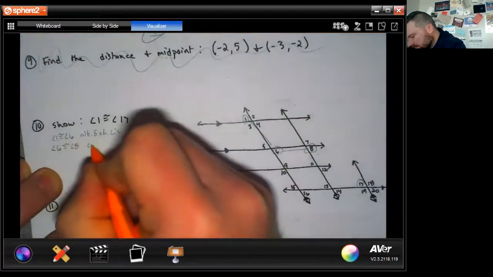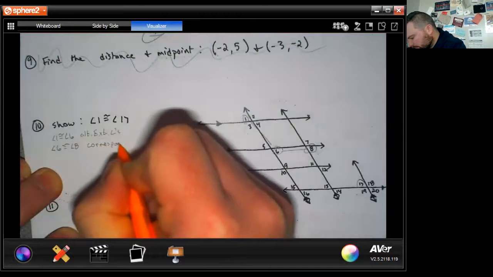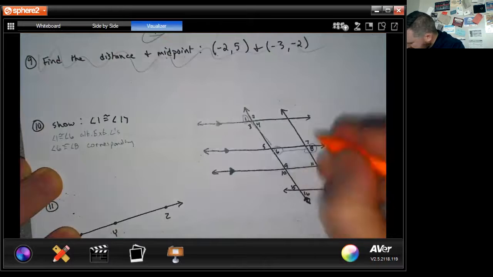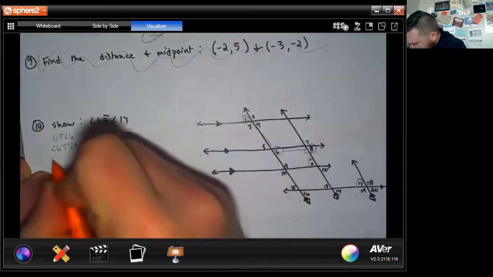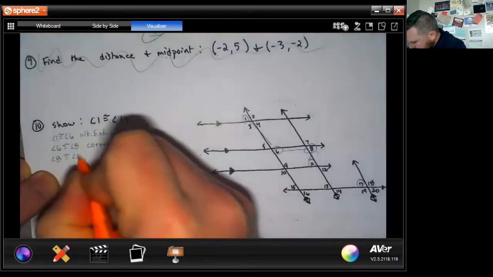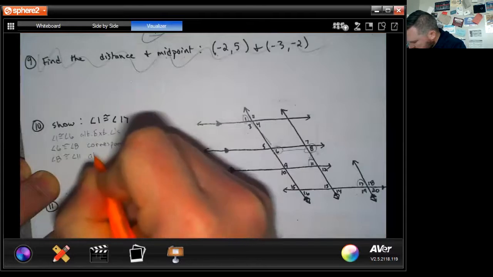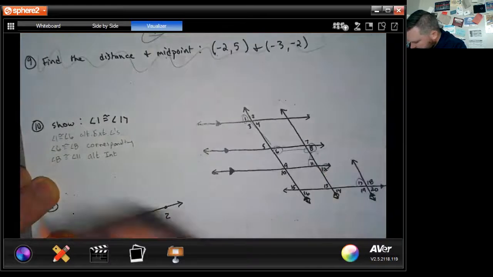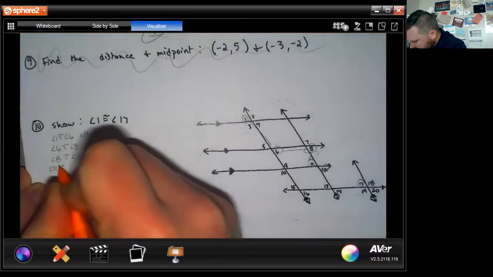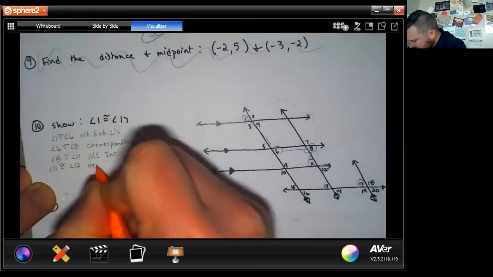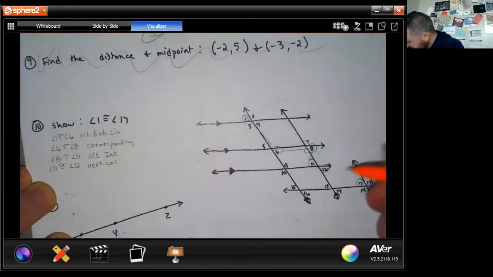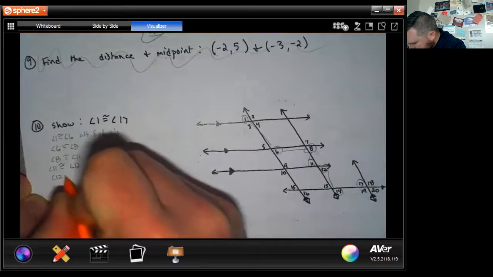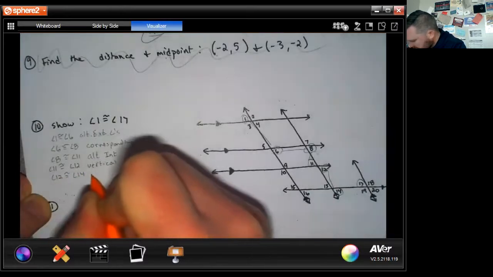Those are corresponding. 8 is congruent to 11. Those are alternate interior. 11 to 12, those are vertical. 12 to 14, those are corresponding.